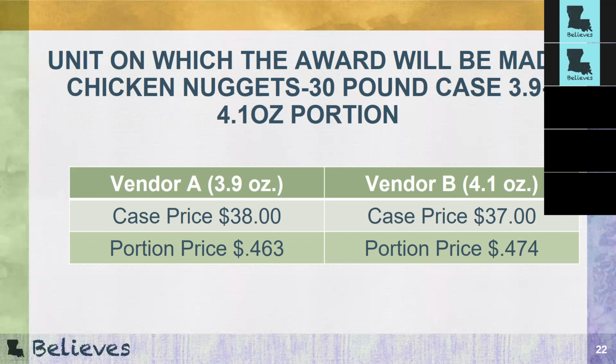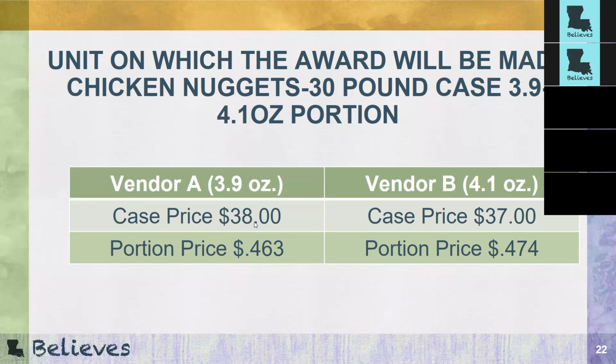But their portion price is higher. If the SFA states they will be awarding by the 30-pound case and choose vendor B because the case price is cheaper, they would not be awarding to the lowest vendor.